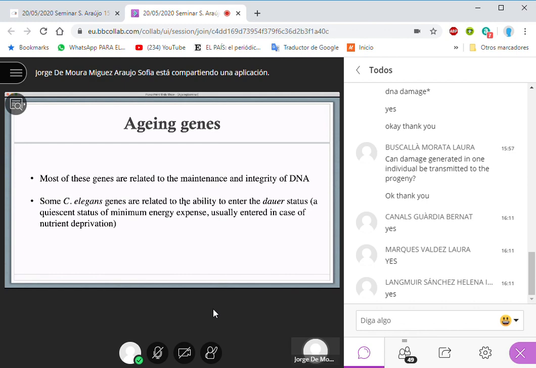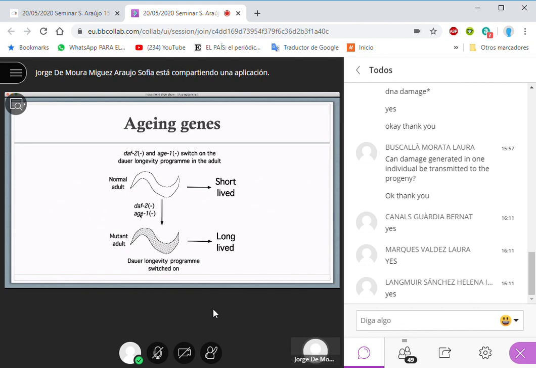Many of these genes were selected because they increased lifespan, not because the worms were in a dauer state, but because they were in a normal state and would still increase lifespan. They are related to nutrient sensing pathways. So if you have a mutation in some of the genes involved in nutrient sensing pathways, which are also involved in entering dauer status, you are able to make C. elegans live longer.